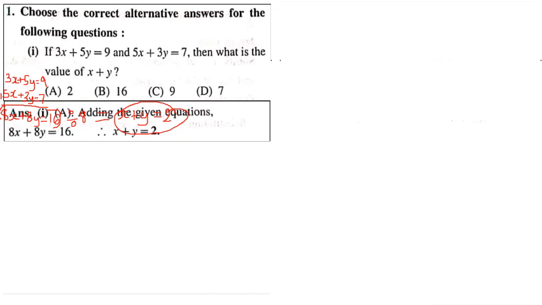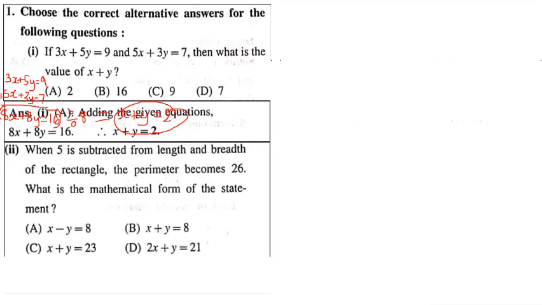Now let us move on to the second sub question. When 5 is subtracted from the length and breadth of a rectangle, the perimeter becomes 26. What is the mathematical form of the statement?